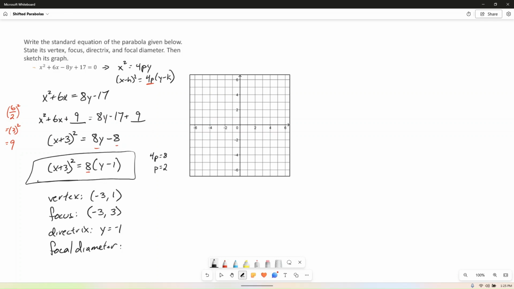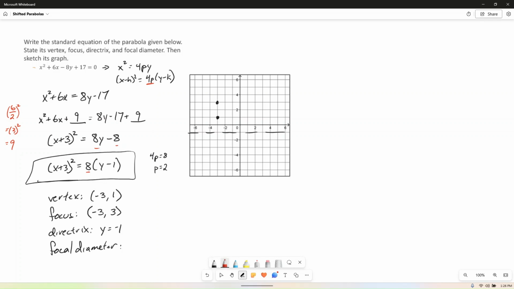Okay. So let's actually plot those points on here just so we can see that connection. I know the vertex is at (-3, 1), and I know the focus has to be 2 units above that, which is at (-3, 3). And I know the directrix has to be the line y equals -1.